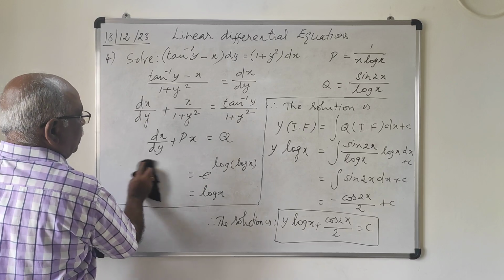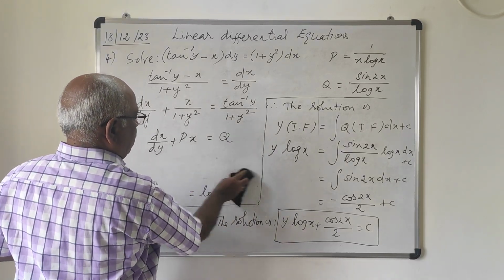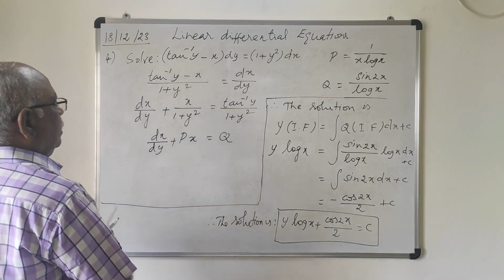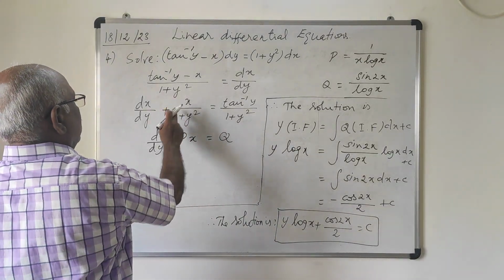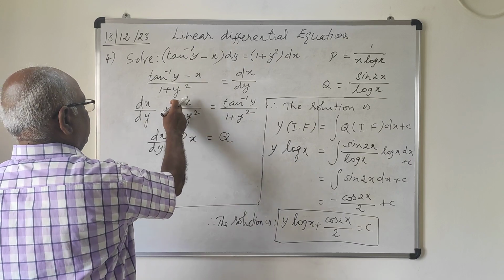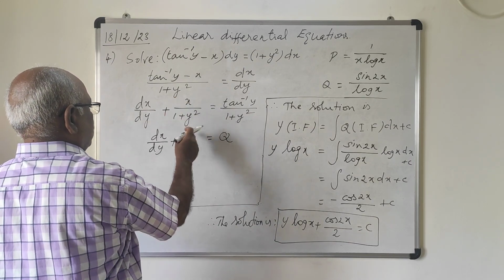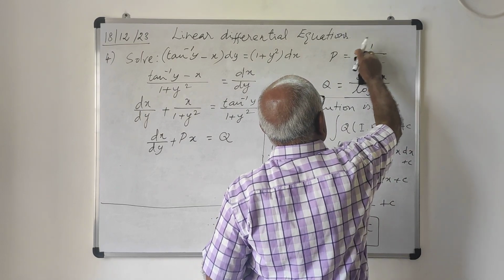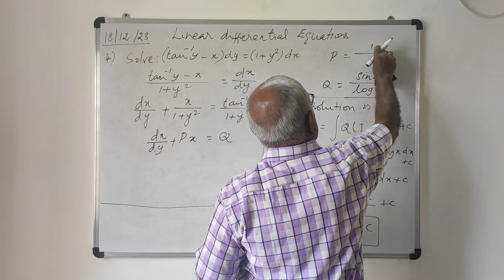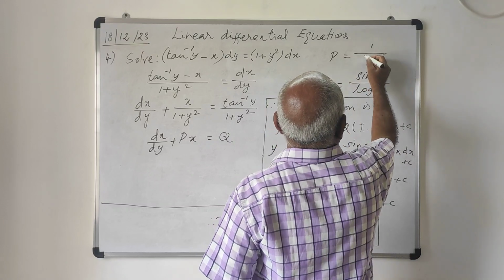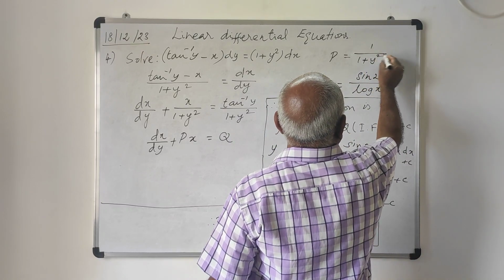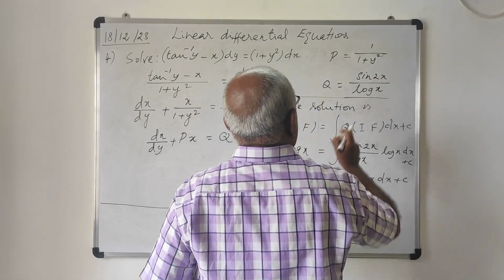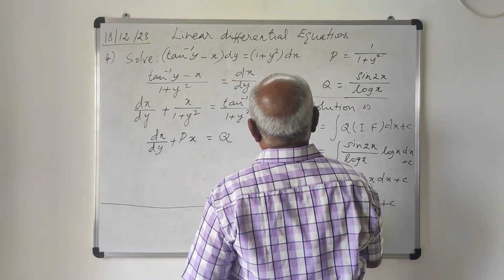Now p and q are functions of y. P is 1 by 1 plus y square.